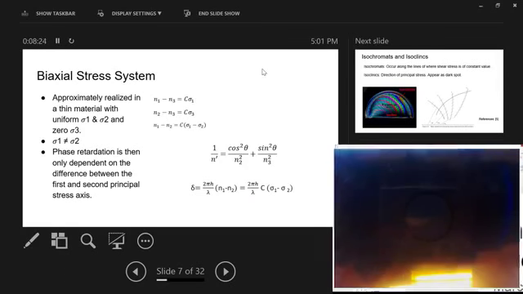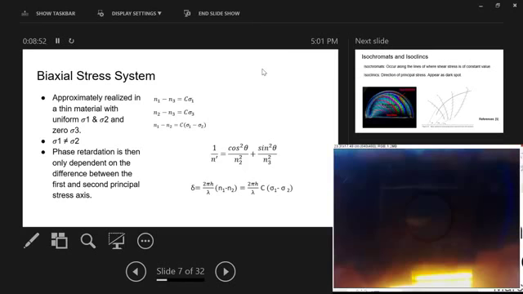Maybe the last real theoretical piece that should be emphasized is that I brought up the uniaxial case, but in order to do our experiment, we considered our materials to be biaxially stressed, meaning that none of the dielectric diagonals are equal. And this is where that component of the stress being linear proportional to the phase retardation actually works out.